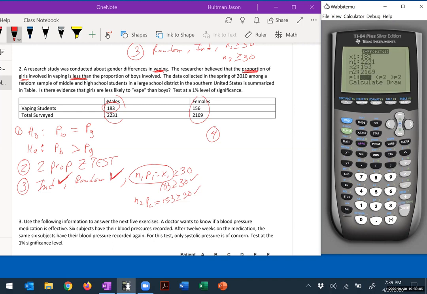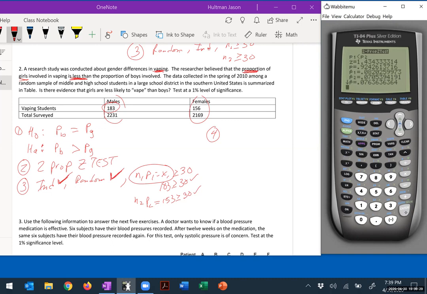And what do I want to know? I want to know, is the proportion p1 less than p2? So I'm going to hit enter on less than, and then I'm going to calculate this. Okay, p1 is less than p2.